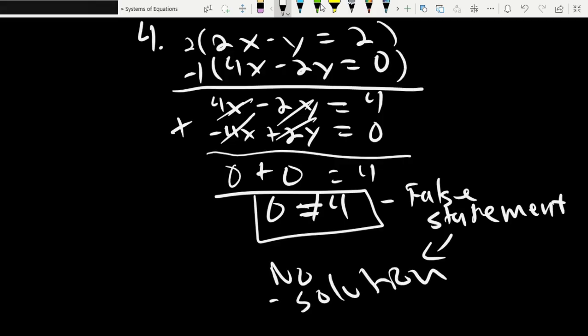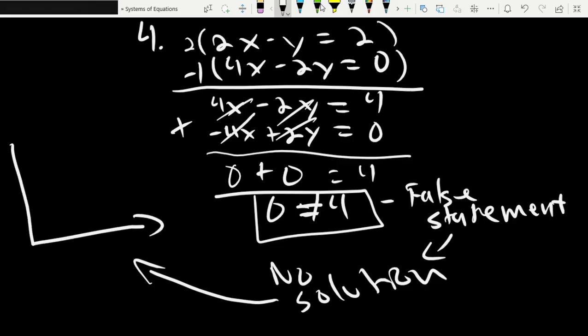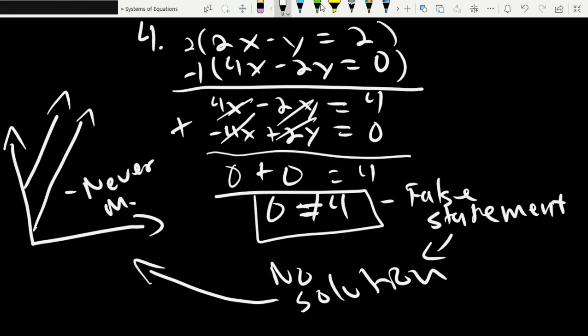And remember, back to our chart, no solution just means that these two equations are going to be parallel. So they're going to act something like this, where they never meet. Okay, so this system of equations has no solution.